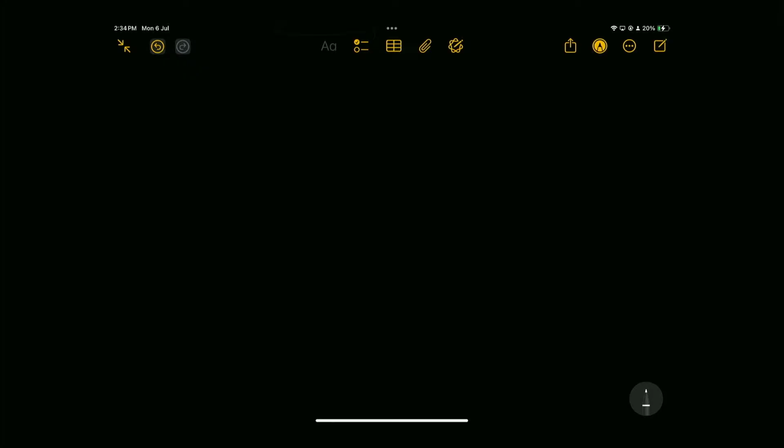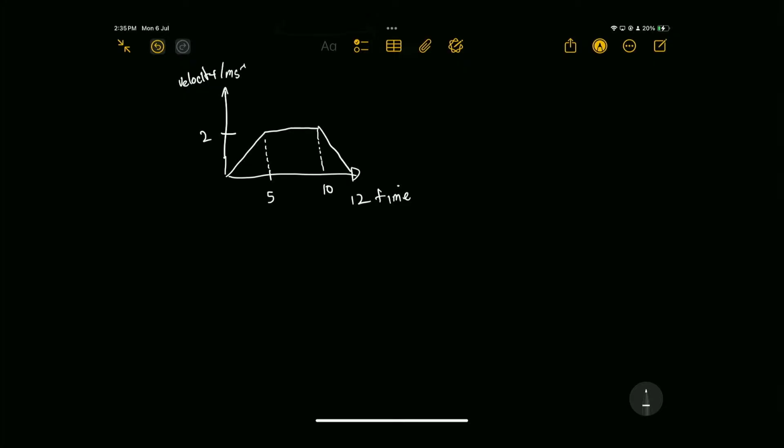Right, so let's take a small example now. If we have a velocity time graph, right, so this is a velocity time graph, velocity in meters per second, time in seconds.